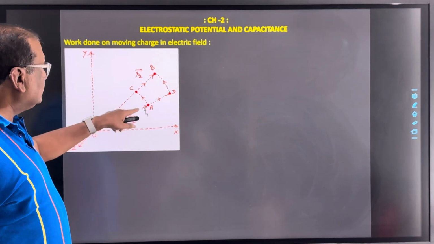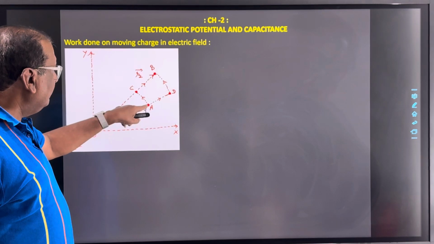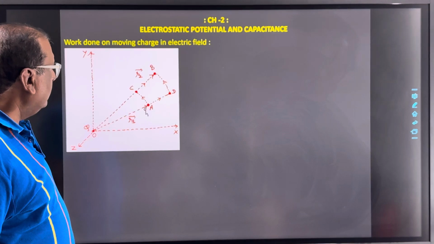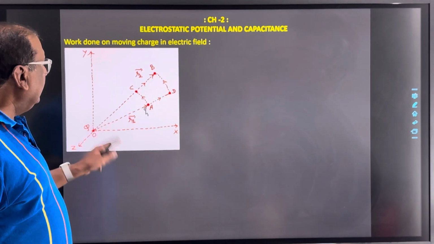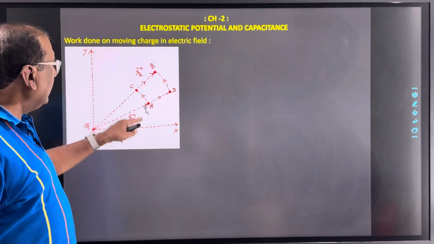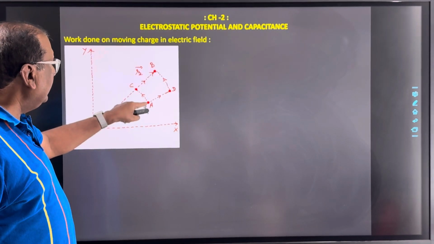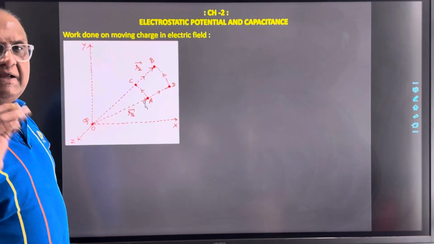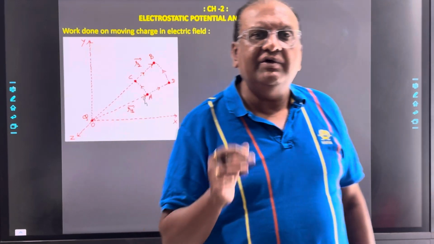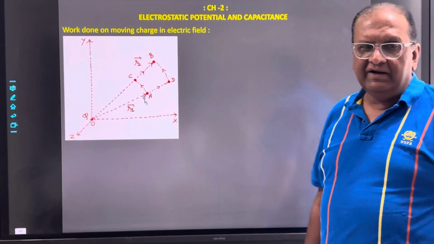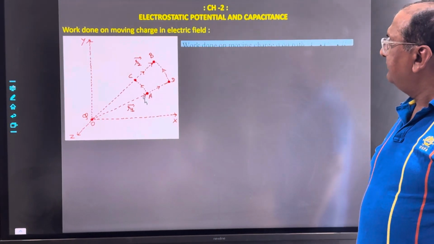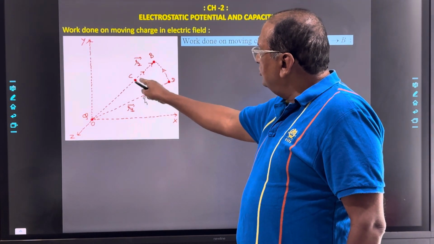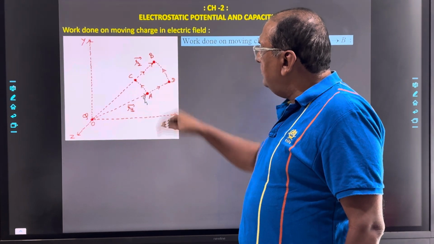Now a small charge q is placed at point A, and suppose we want to move that charge q from A to point B, and in this process we will calculate the total work done. Okay, now see here, first we consider the path A to C and then C to B.